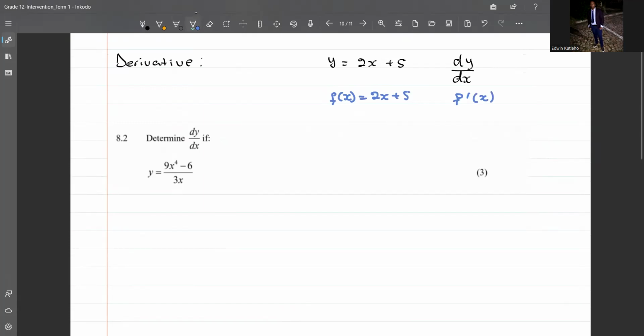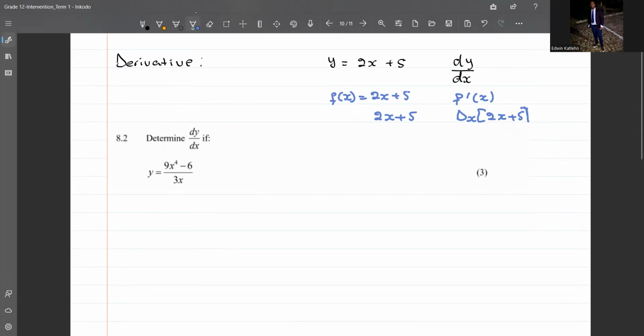Now, if you're given an expression, you'll notice that an expression cannot be equated to anything. Just like, let's say, if we take 2x plus 5 as an expression, the notation that will be given to you that indicates that you have to find the derivative of an expression will either be given as dx, and then your expression will be contained inside the brackets, which is 2x plus 5.